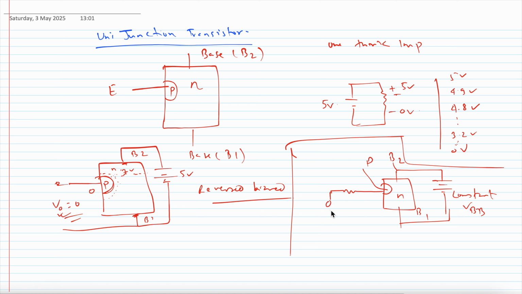This is VS, this is emitter, this is B2, this is B1.